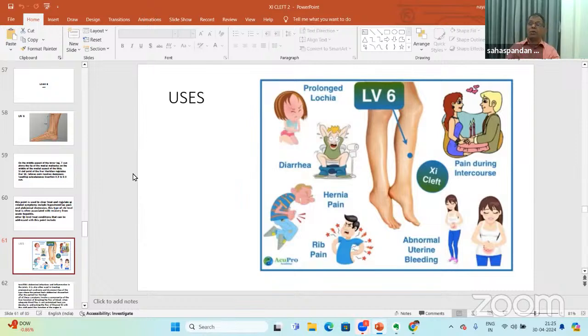By unblocking the flow of the channel of chi, with this cleft point, this function of the organ is stimulated.